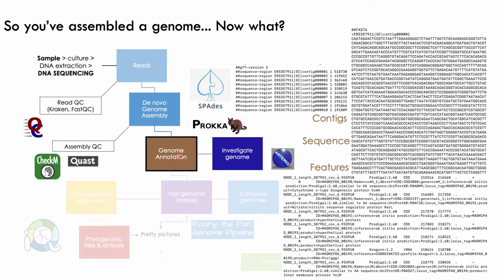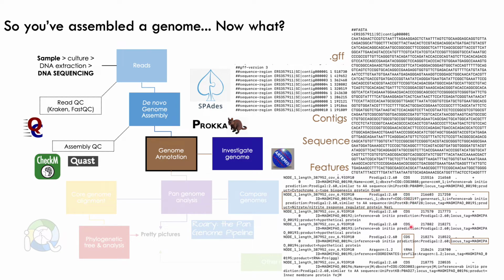So this is called a GFF file. And what you have is a list of your contigs. You have your Fasta sequence, so the actual DNA sequence, and then underneath that you have what's called your features. So each contig has then a list of features annotated to it.